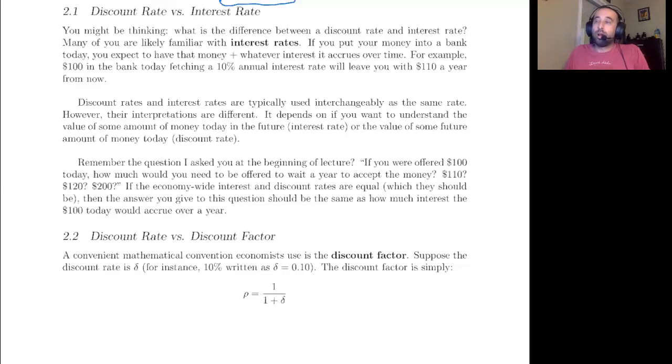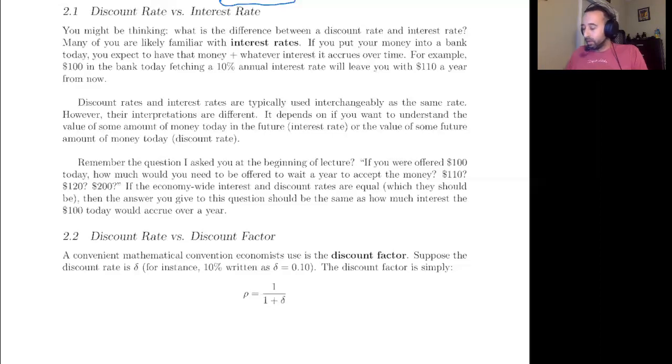So if your discount rate is 5%, that's like saying the interest rate is also 5%. If I put $100 in today, I should end up with $105 a year from now. That's another way of saying I'm indifferent between $100 today and $105 a year from now, because that's the time profile of how money grows in our economy. So that's some more context behind how discount rates and interest rates interact with each other.